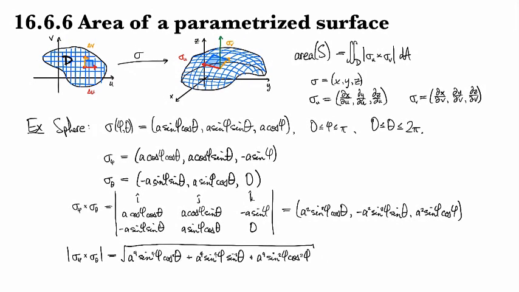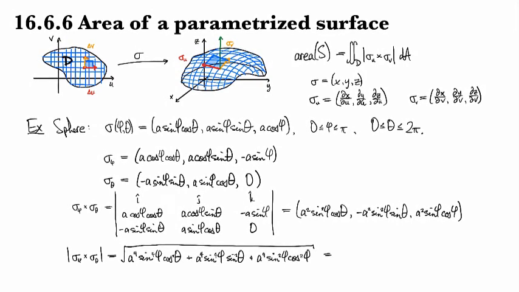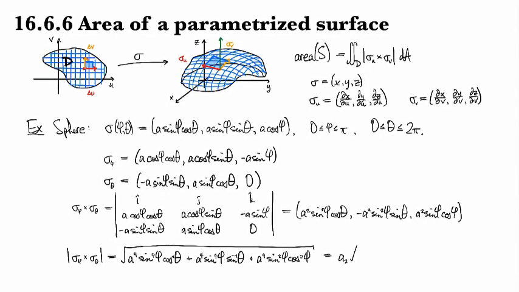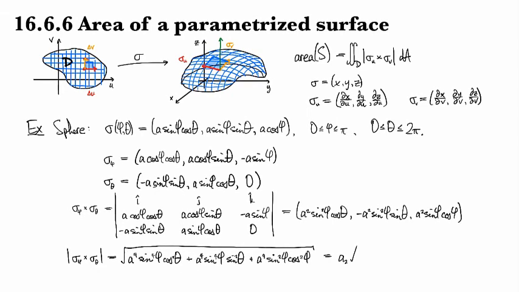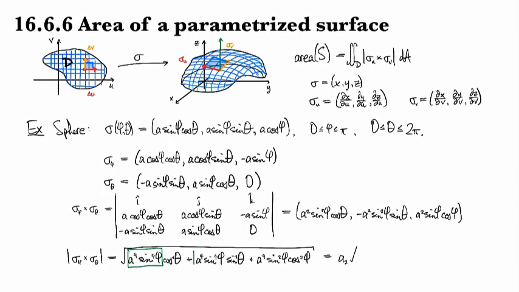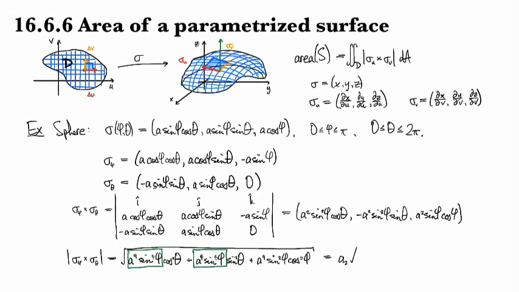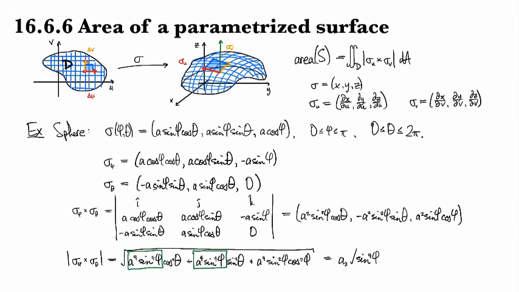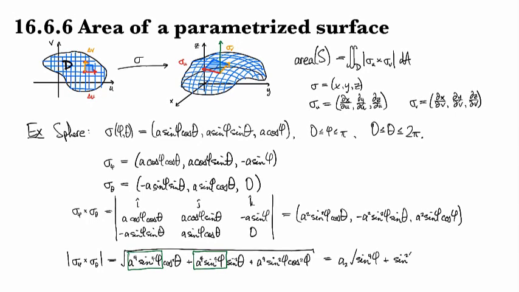So first off, there's a common factor of A to the fourth all the way through, so I can pull that out as A squared. And then if you look at what's going on here, this and this are the same. So if I factor out that quantity from those two, I'm left with cosine squared plus sine squared, which equals 1. So this is just going to be sine to the fourth phi plus sine squared phi cosine squared phi.